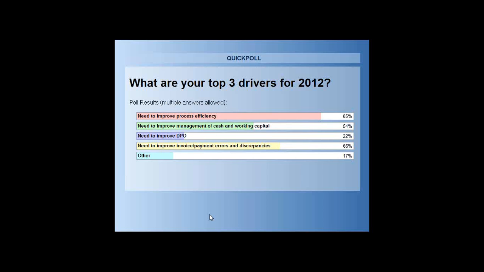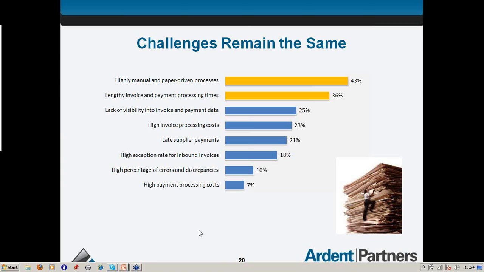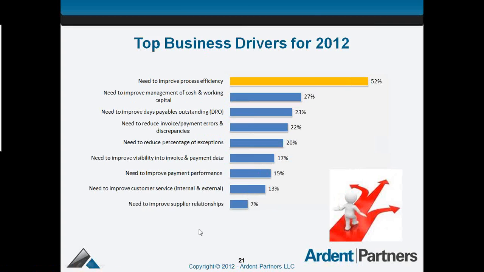Thank you. Yeah, it definitely is interesting in terms of the results, and they match quite well to what we had found. If we go and look at the top business drivers that our research was able to uncover, we'll see that the single biggest pressure is the need to improve process efficiency, according to 52%. And really only once this is dealt with can AP focus its attention on more strategic activities.